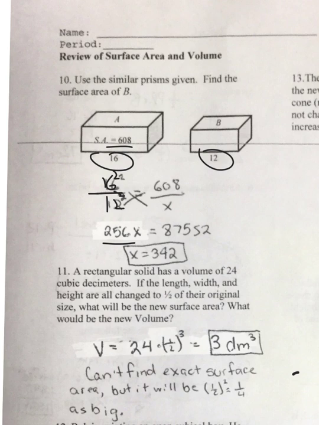And when you divide that by 256, you get... What just happened there? 87,552 divided by 256. Yeah, you get 342. That's right. And so the surface area of the smaller one is 342. So again, that's almost half as big, even though 12 is not half of 16. So remember how it affects that.